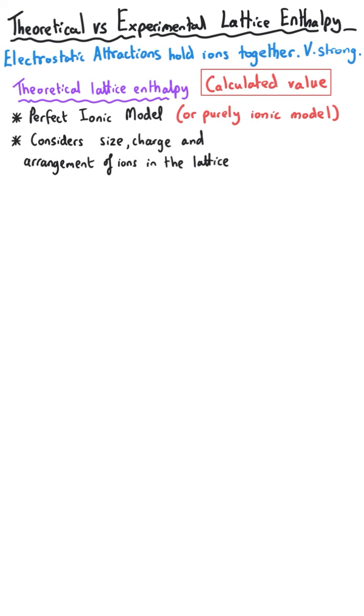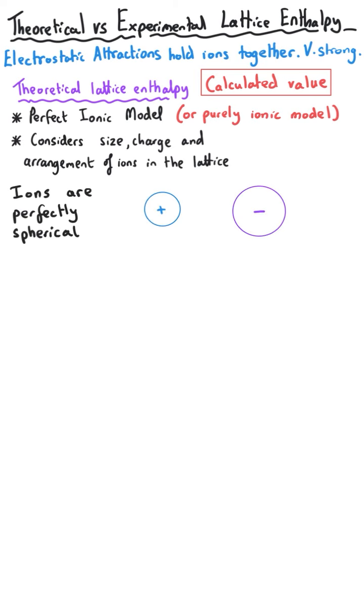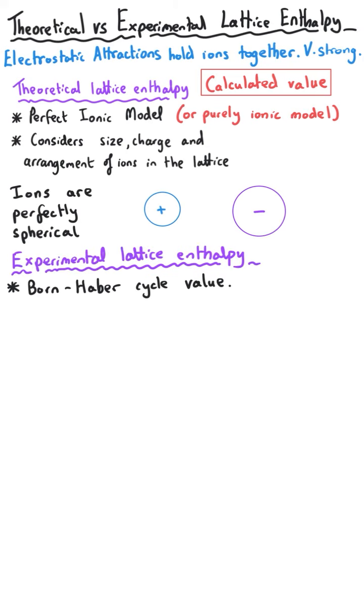And this makes one really big assumption, which is that ions are perfectly spherical, which when we do the maths is an essential assumption, but when we do the experiments, we find out that it is not the case. And the reason for this is that the positive and the negative ions do not exist as isolated perfect spheres.